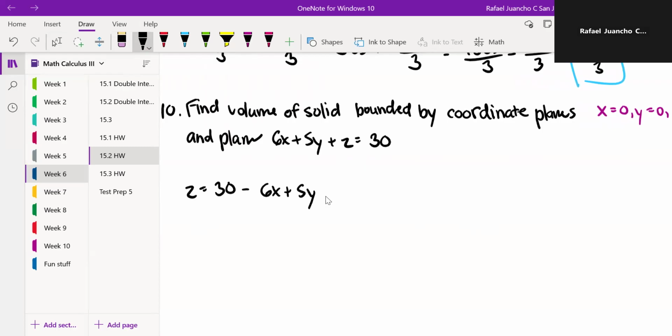So let's say if I make this 0, now I have something of x and y. Then I could make it so that I can get y, the bound of y. Or I could also do it so that I can get a bound of x. So here in this case, maybe just get a bound of y. So this would give me that. When I make my x or my z 0, right? This becomes 30.